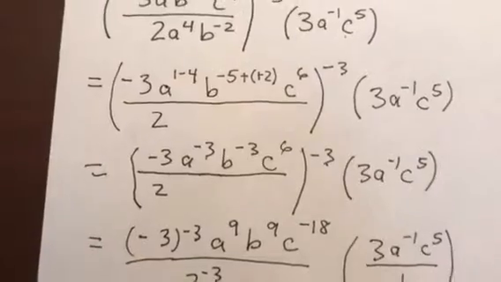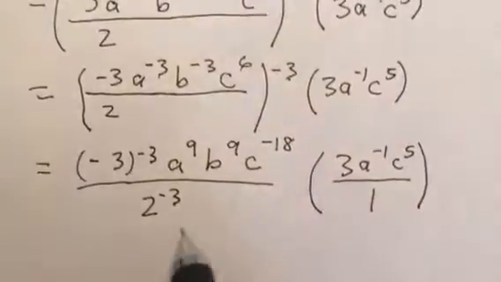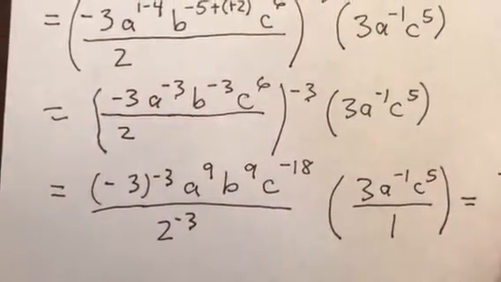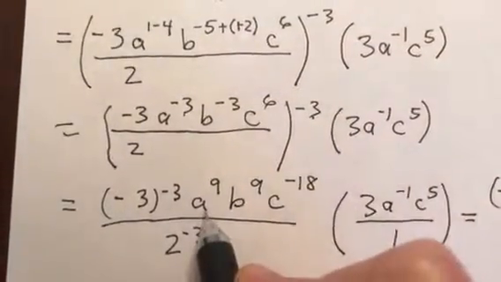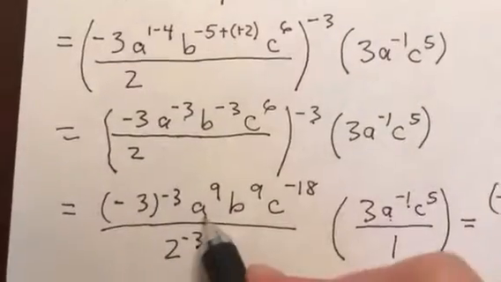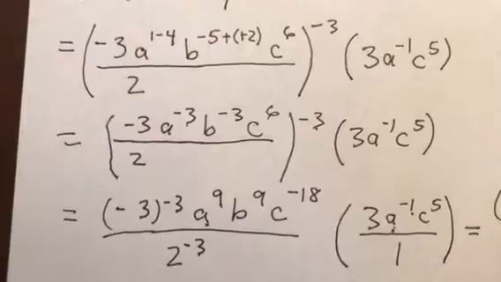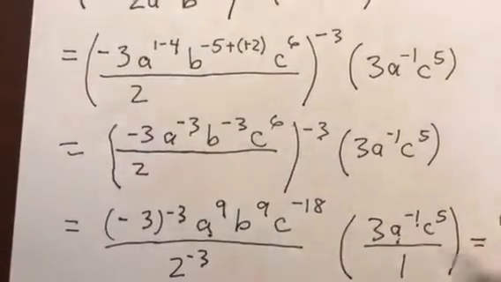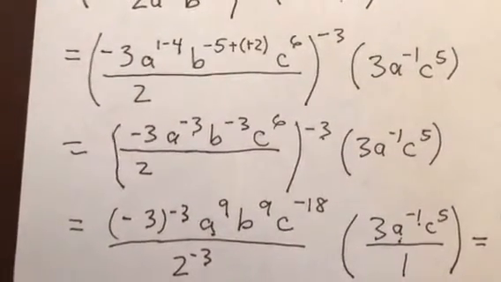Okay? And so then let's go ahead and multiply the two numerators together and the two denominators together to have negative 3 to the negative 3. I can combine the a to the 9th and the a to the negative 1. Because I'm multiplying these two, I add their exponents. So that would be a to the positive 8. b doesn't have anything to combine with, so it's still b to the 9th.